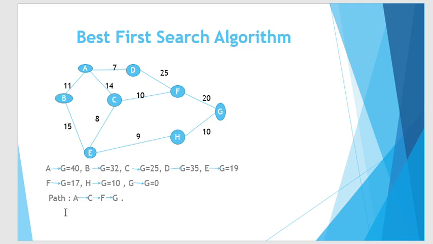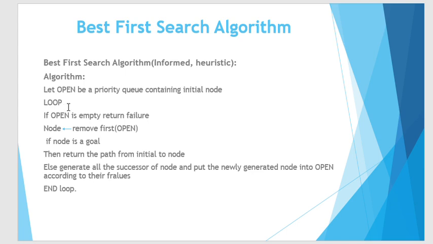So remove the first node, which by default is A. I have given it the name node. If node is goal, is this my goal state? No, my goal state is G. So what do I have to do? I have to go to the else part, because A is not my goal node.